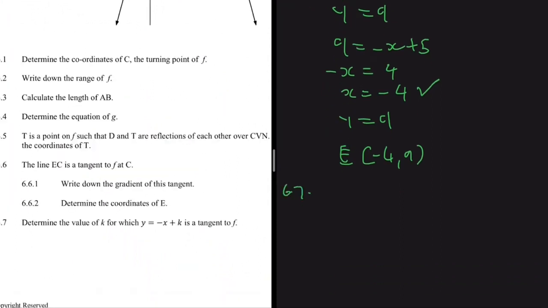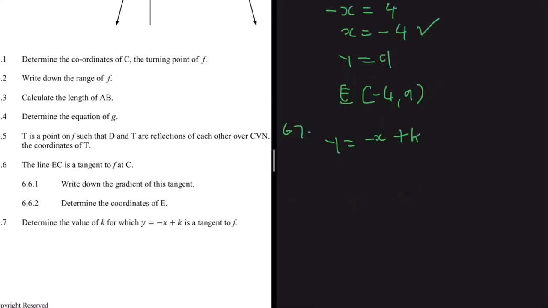6.7 says let's determine the value of k for which y equals minus x plus k is a tangent to f. If y equals minus x plus k is indeed a tangent, then at some point f of x should be equal to y, right?